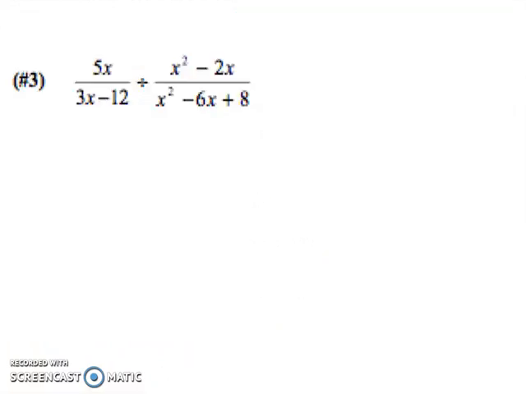Last example in this section is a division problem. Okay, when we are dividing, remember that we're going to do keep, switch, and flip, right? Factor first though. 5x is a monomial, so that's going to stay.